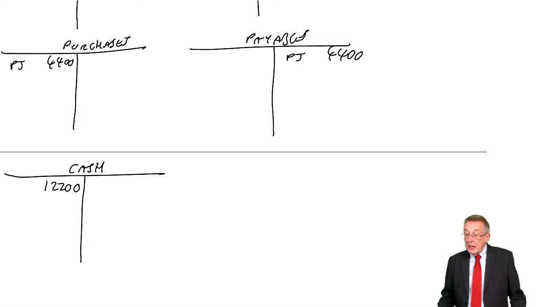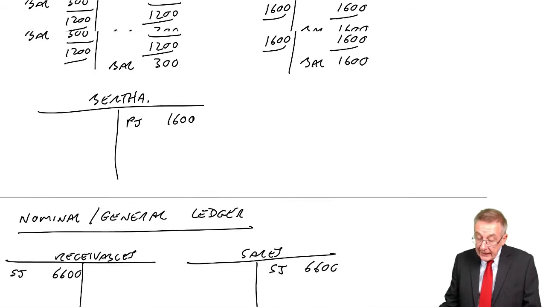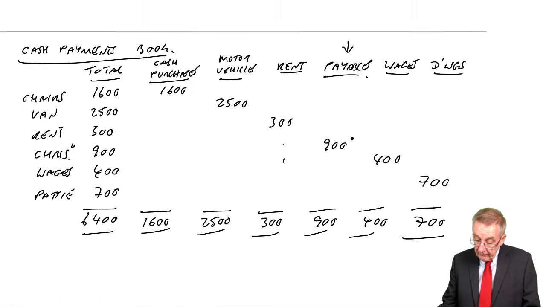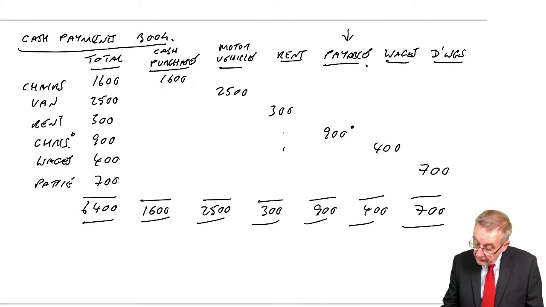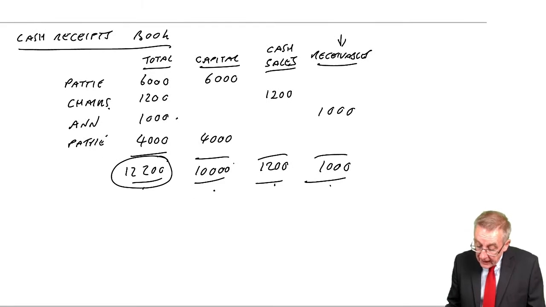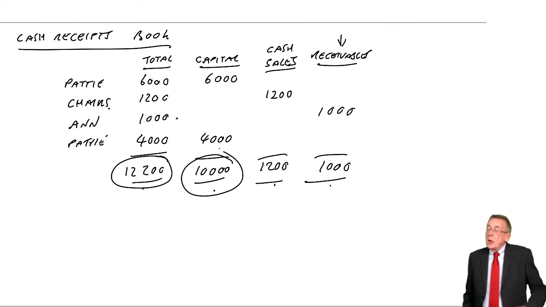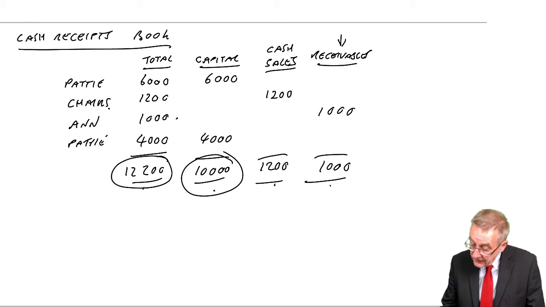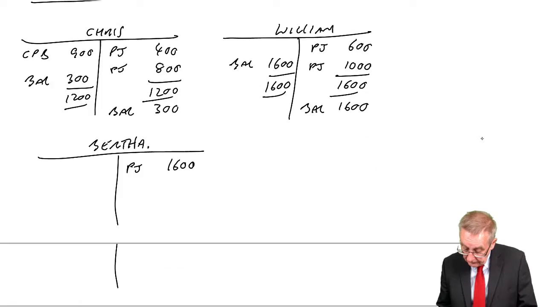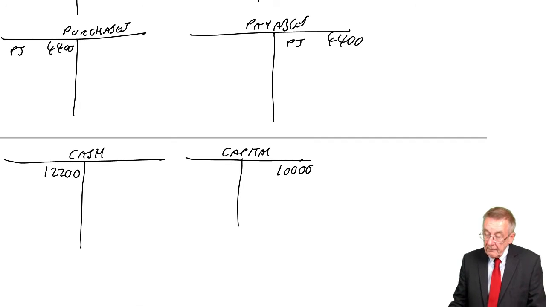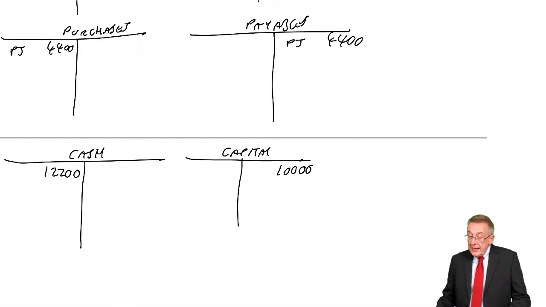But where's the credit going to go? Well, if you look at the analysis columns for cash receipts, 10,000 of it was capital. So credit capital 10,000. What was the rest?